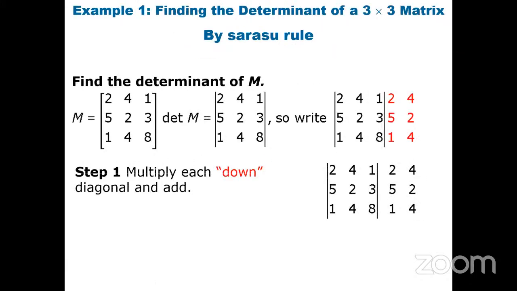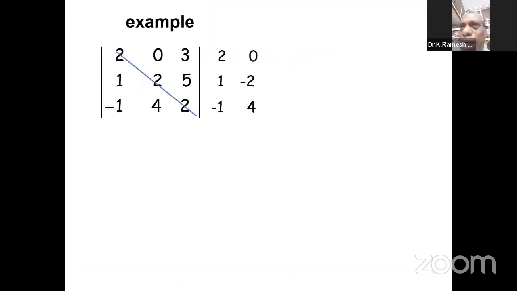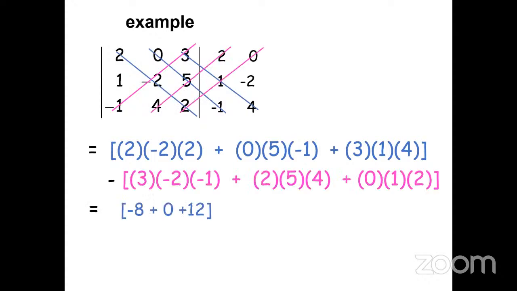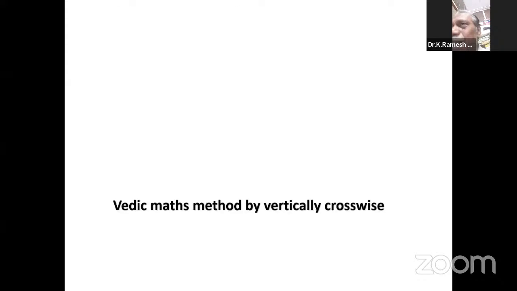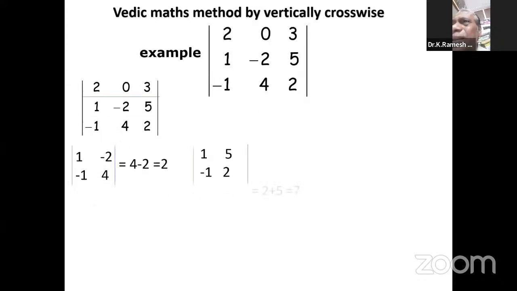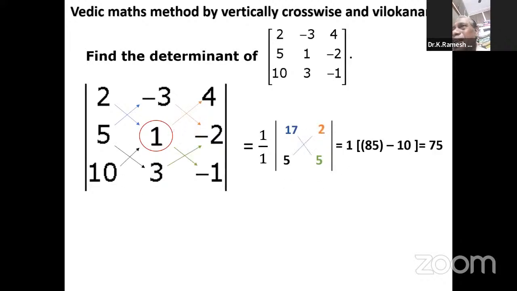See, whenever we change any two rows of a determinant, the determinant will become negative. So I have taken the minus sign. Since we have to divide the middle element 4, this one is minus 1 by 4, that's why we are dividing by.